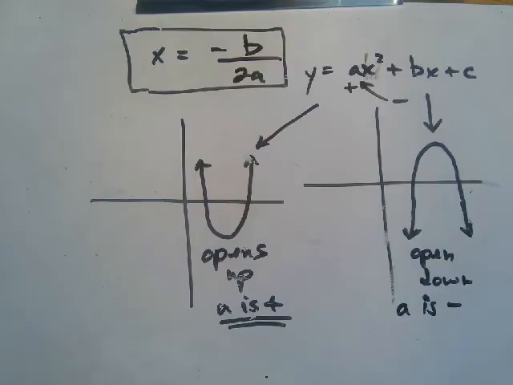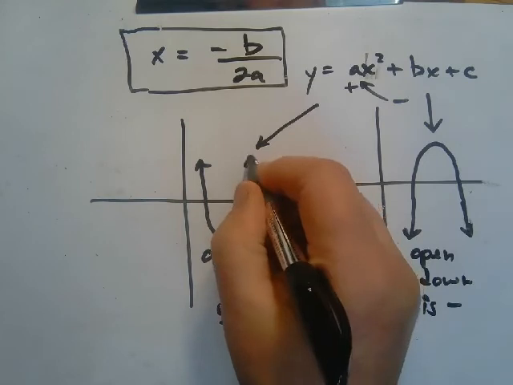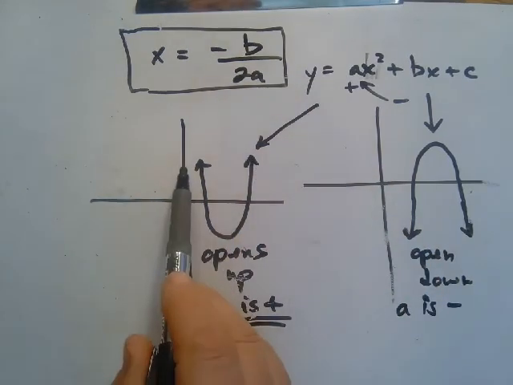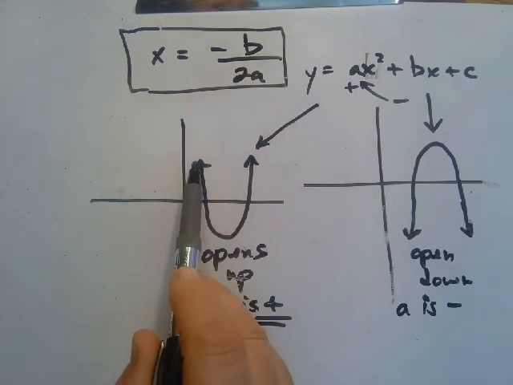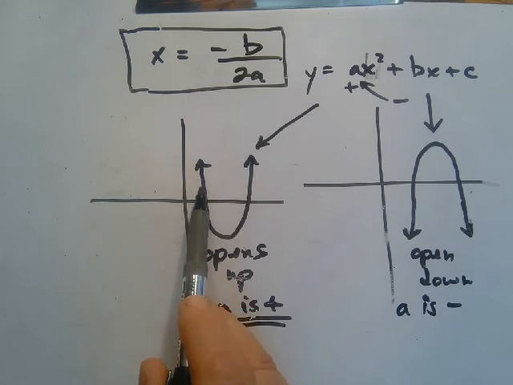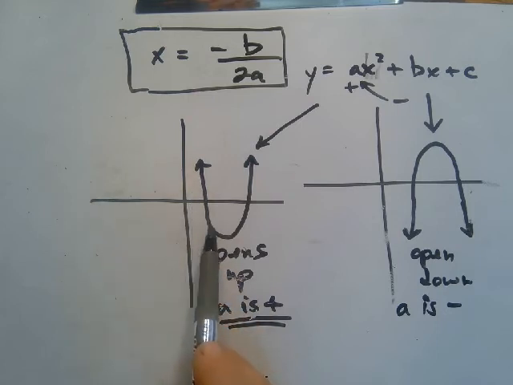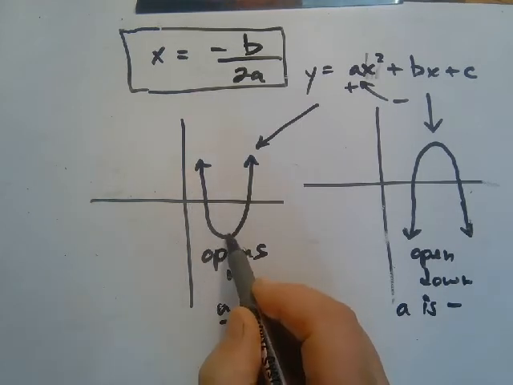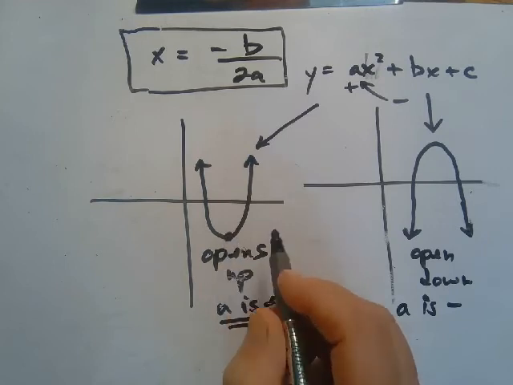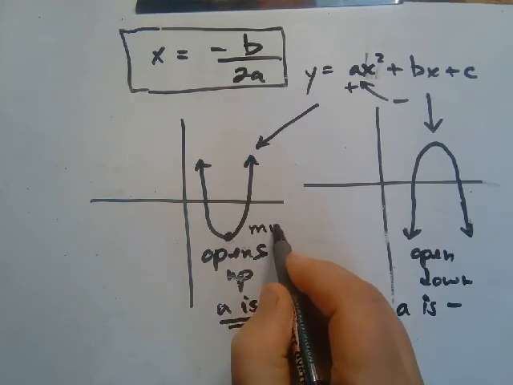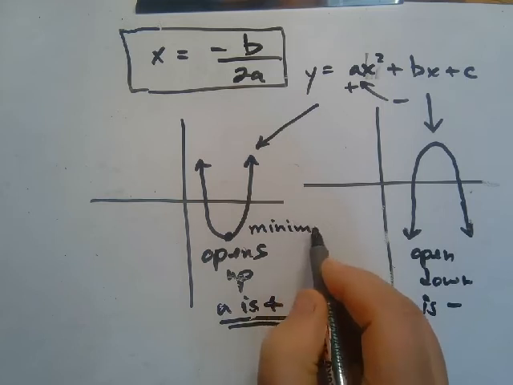All right, one last thing. Let's go back and take a look at these two pictures again. As we move along from left to right here, this graph is going south, it's going down. At some point right down here at the vertex, it hits what we call a minimum.